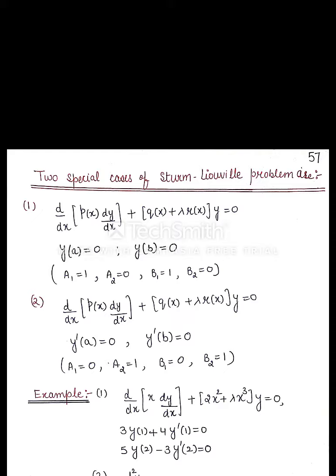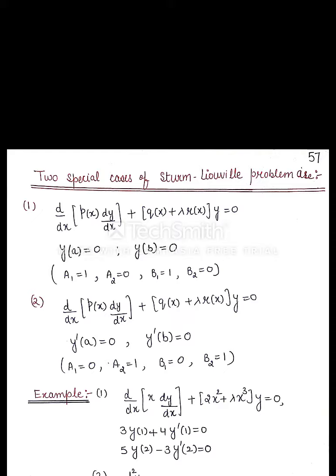Here the conditions are y at a is equal to 0, y at b is equal to 0. That means these types of conditions are a special case of the conditions I have already discussed in the Sturm-Liouville problem. Why these are special cases?